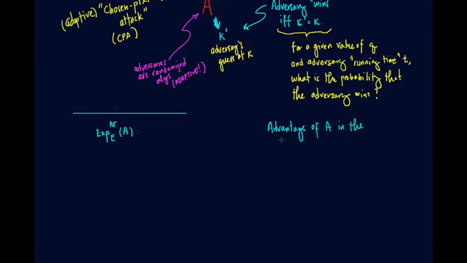The notation for this will be quite similar. This is going to be the advantage, ADV for advantage, in the key recovery experiment, attacking block cipher E, where adversary A is doing the attacking. This will be defined to be the probability that the experiment that we're about to define over here is going to return the value 1, or true.